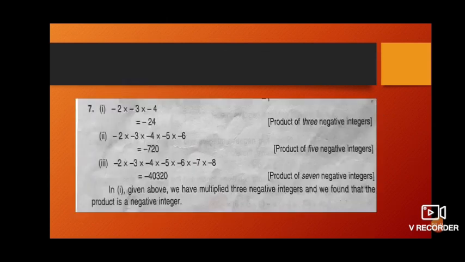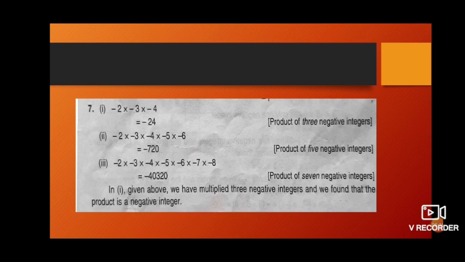Now, here I am showing some examples to convey one property. If you observe, in the first case I am multiplying 3 negative integers. Don't concentrate on the product; concentrate on the sign. Minus 2 into minus 3 into minus 4: minus of minus is plus, plus of minus is minus, so minus 24.